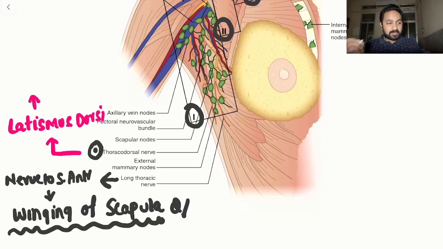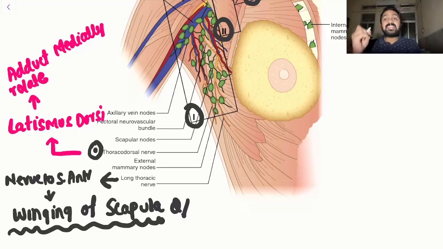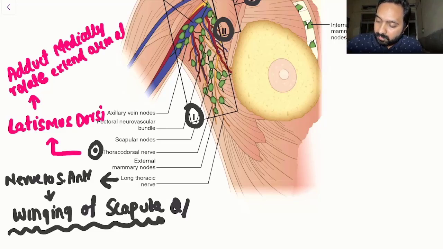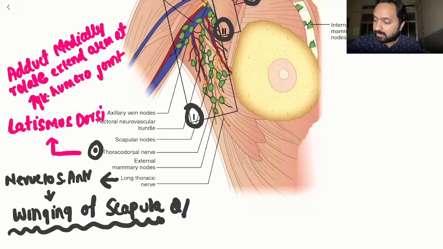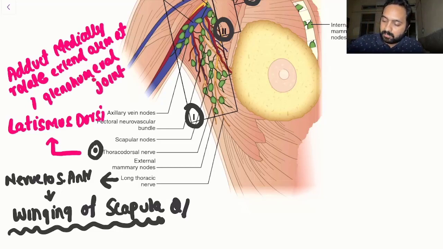So the role of your latissimus dorsi is to adduct, medially rotate and extend the arm at your glenohumeral joint. So patient may have difficulties in such movement, right?